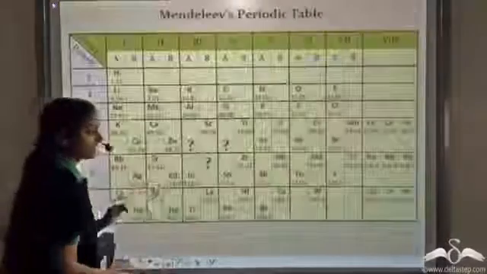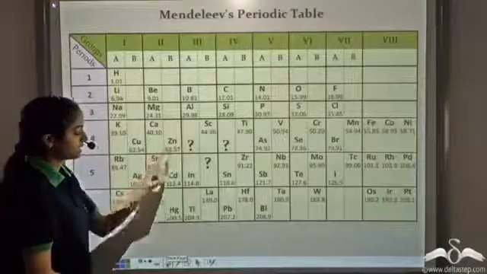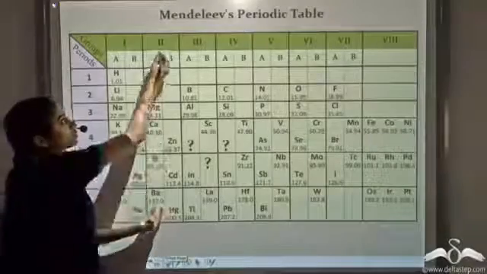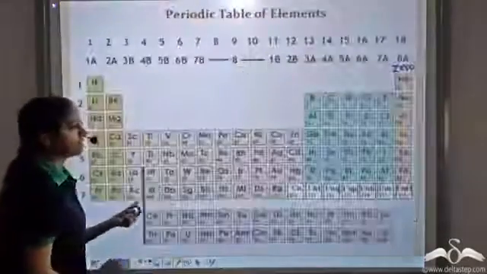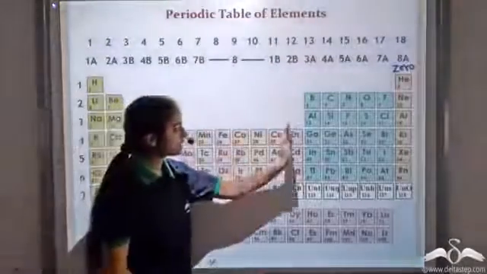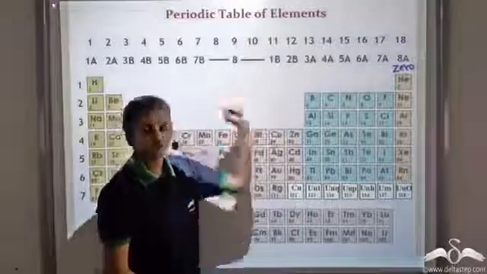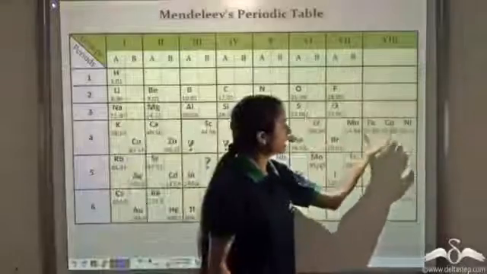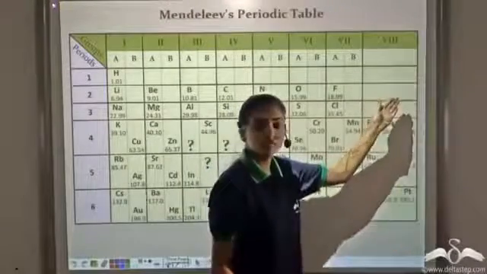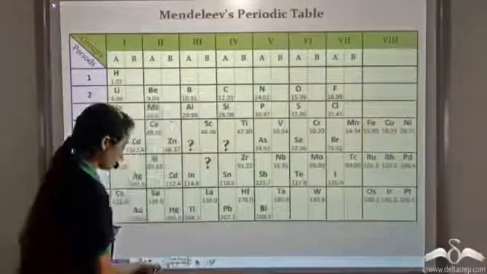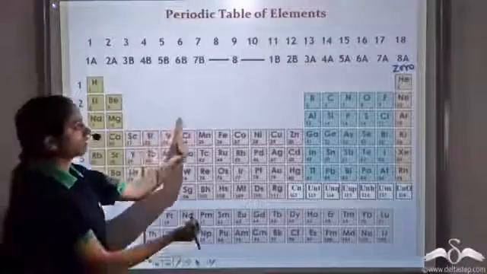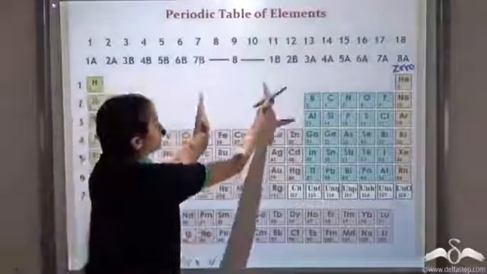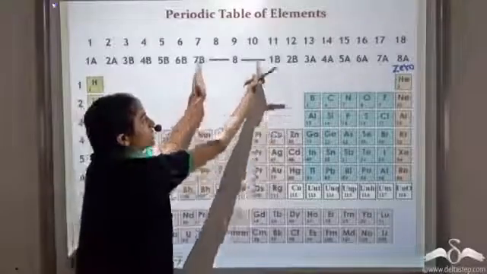So as in Mendeleev's periodic table, zinc, cadmium, mercury belong to group 2B. Similarly, in the modern periodic table, zinc, cadmium, mercury belong to group 2B. Further, the 8th group, that is iron, cobalt, nickel, does not have any subdivision. In the modern periodic table again, this group of elements, iron, cobalt, nickel, is in group 8.